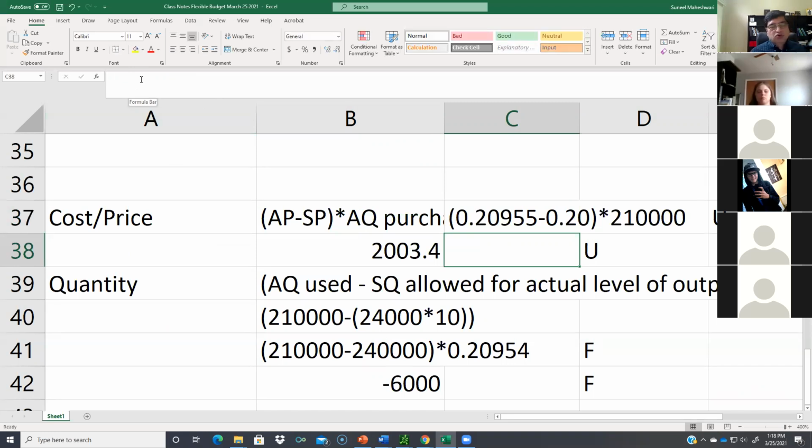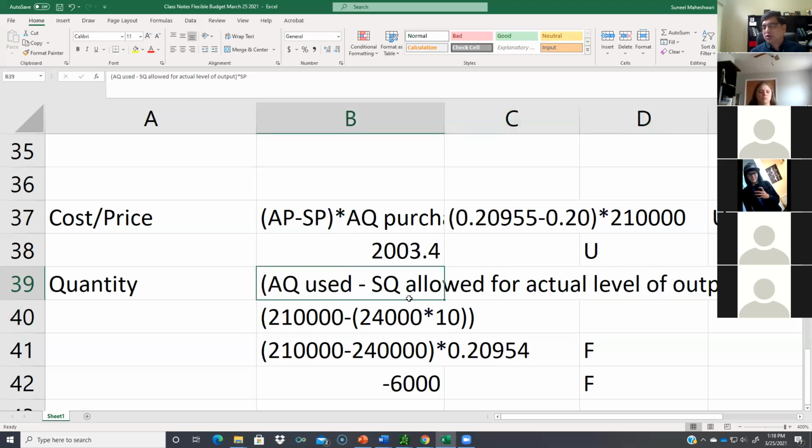So what I wanted to show you here was this computation of standard quantity allowed for the actual level of output. You need to understand that part. Does everyone understand the computation of 240,000?